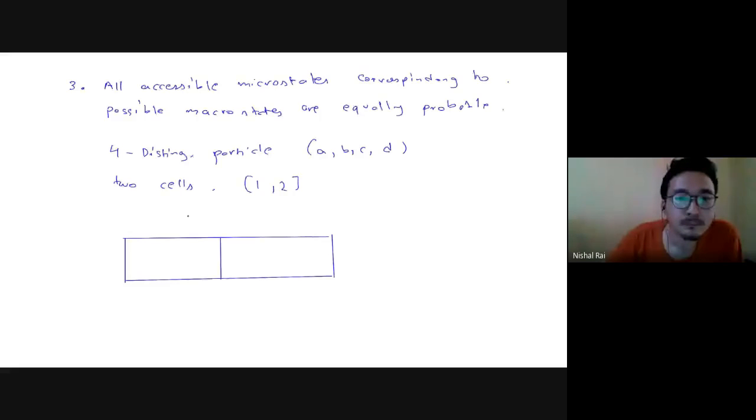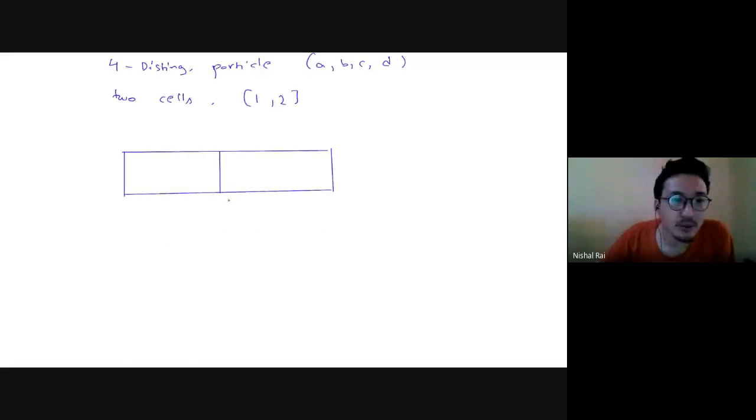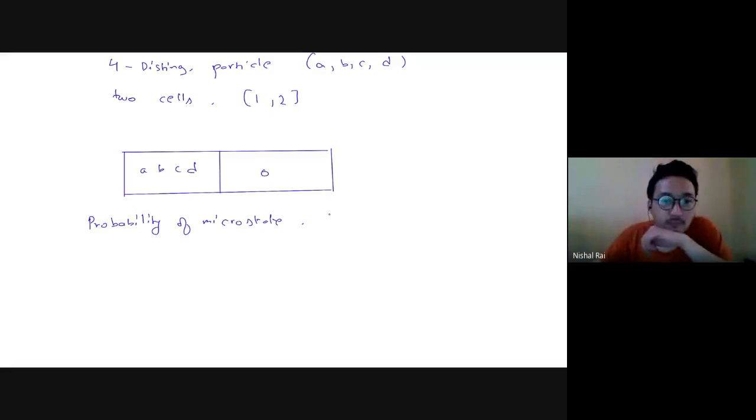So let's consider a particular microstate. All the particles A, B, C, D are here, and 0 particles are here. Now the probability of this microstate is how much? 4 particles are here, so it will be 1 by 2 to the power 4, which is 1 by 16.